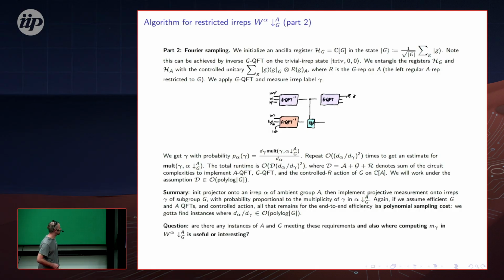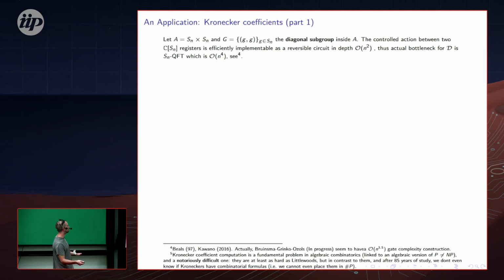Let's move on. Are there instances of A and G meeting these requirements, where QFTs are available and you have the controlled action and also computing the multiplicities, someone cares for them? And this is the application, Kronecker coefficients. The ambient group is a tensor of two copies of the symmetric group, and the subgroup is the diagonal pairs inside of A, which is isomorphic to Sn, of course.